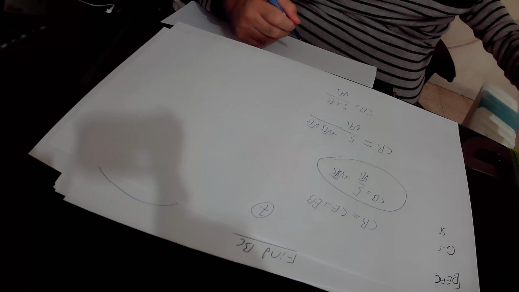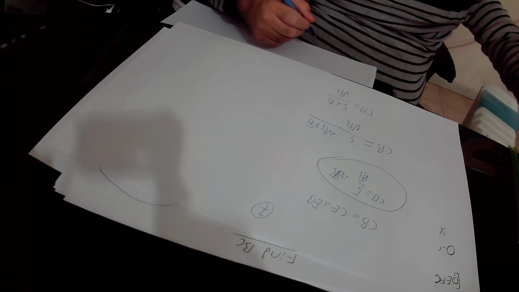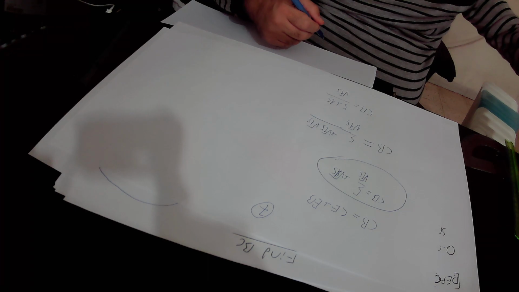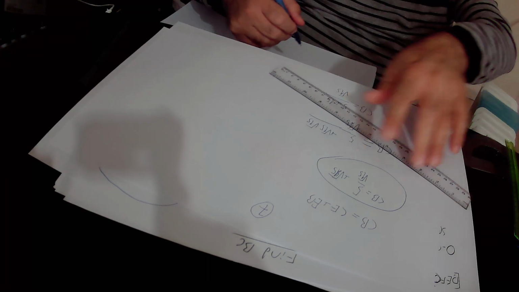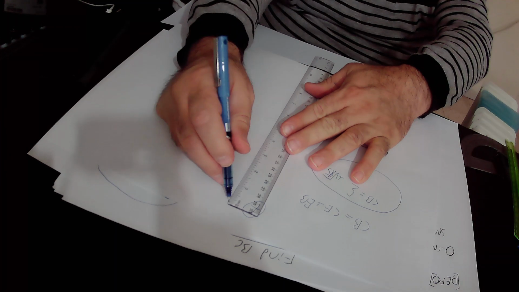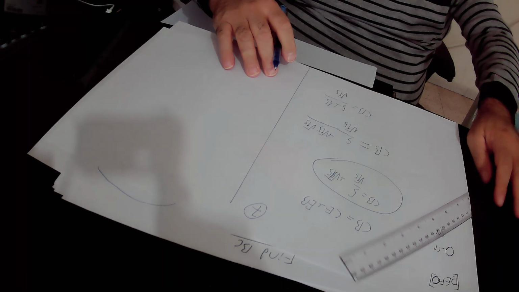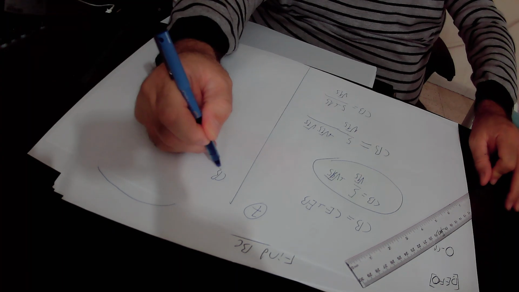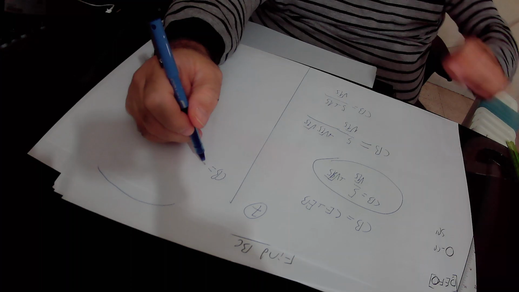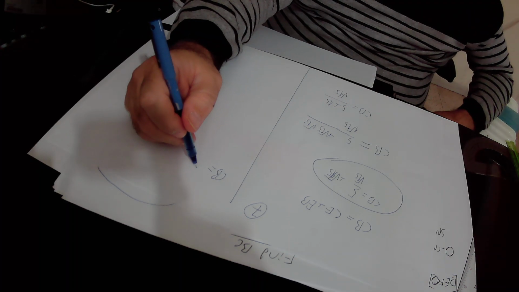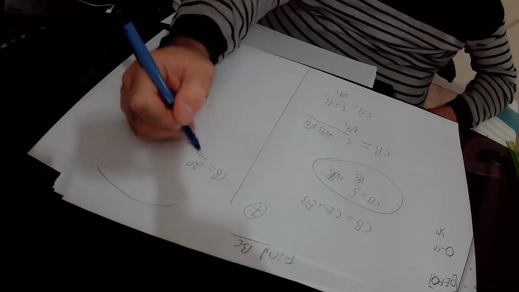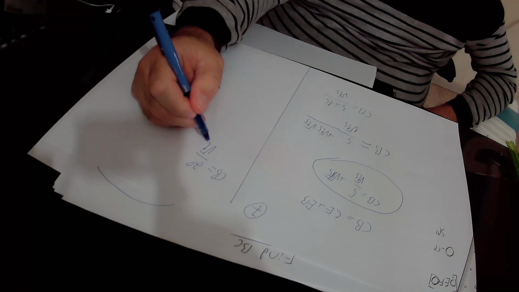So in conclusion, CB equals 5 plus 15, 20, we have 20 in the numerator, over square root of 15.